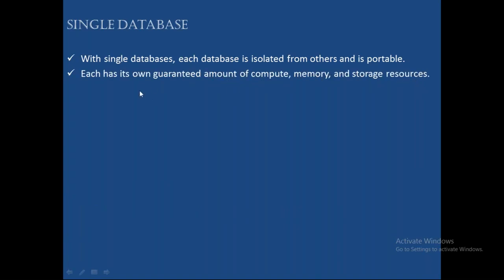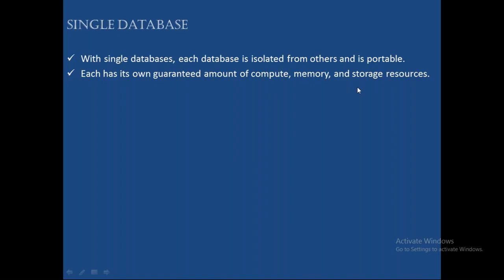Meaning each database has its own guaranteed amount of compute, memory, and storage. Why does each database have separate compute, memory, and storage? Because we were talking about a single database.